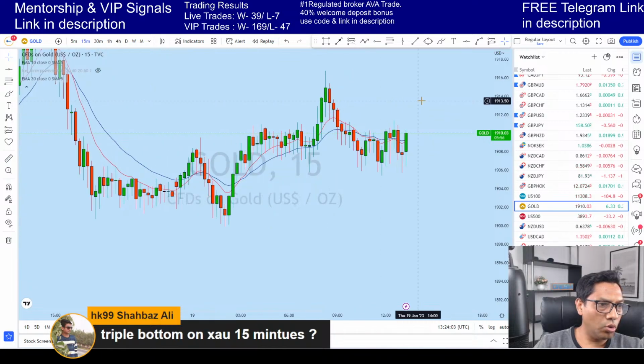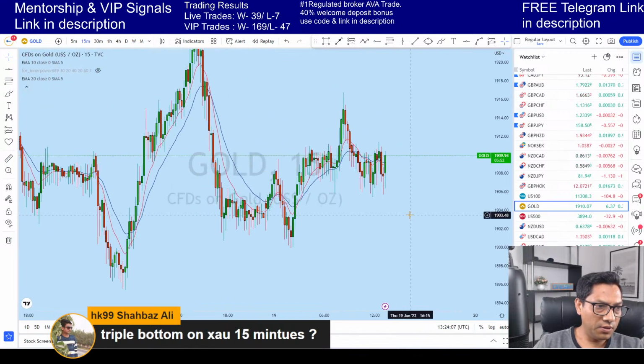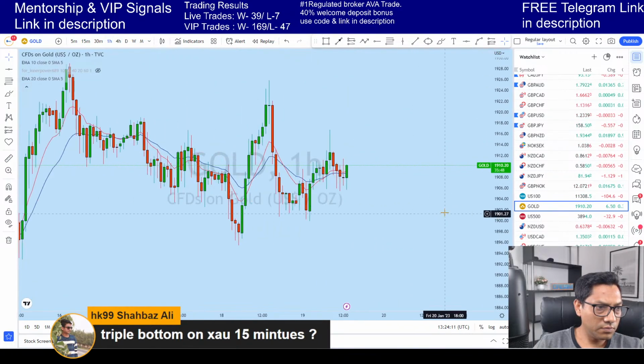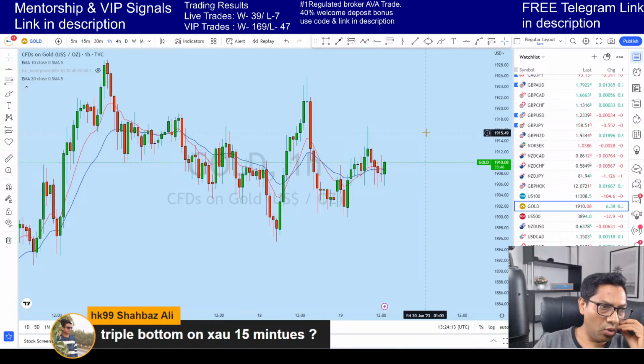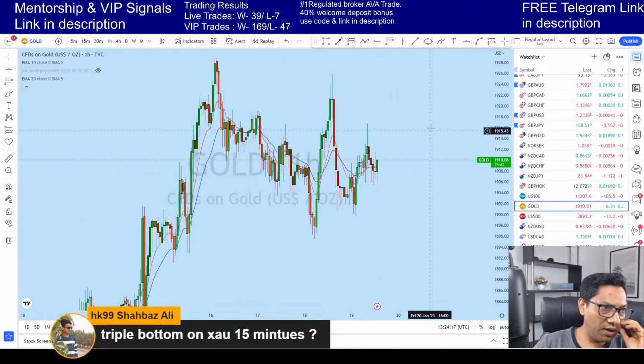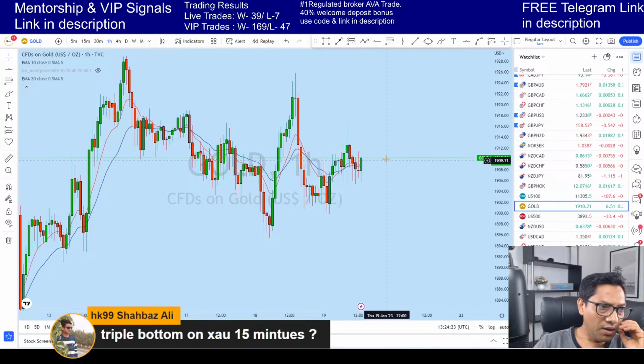So with that gold, you said the triple bottom. Okay, let me look at. Well, gold is currently forming a sideways market. Okay, but as I mentioned when I started this session, the price action is bullish.